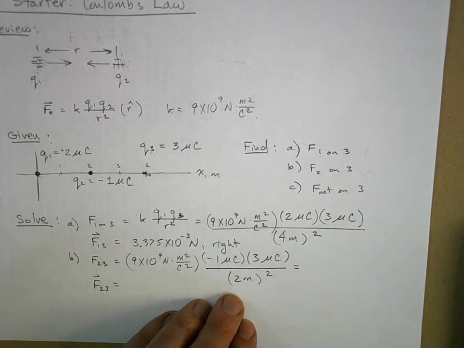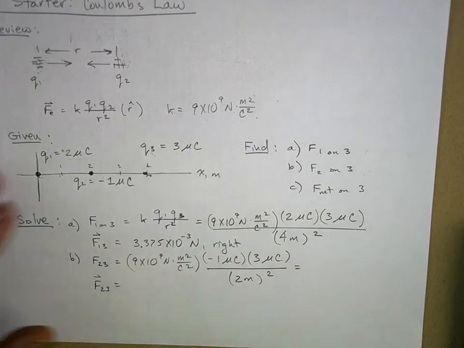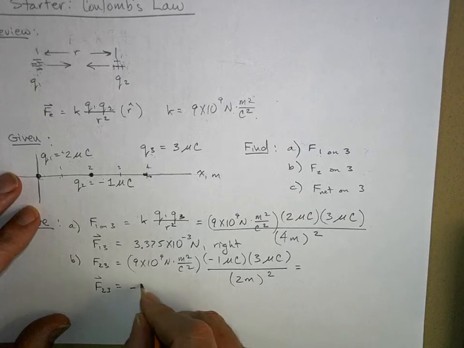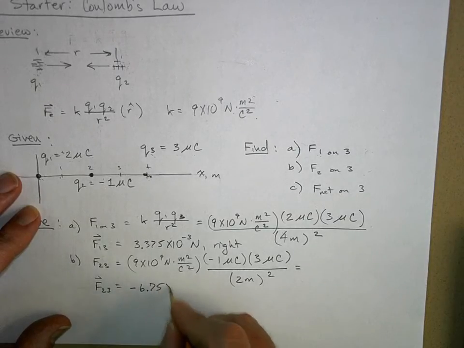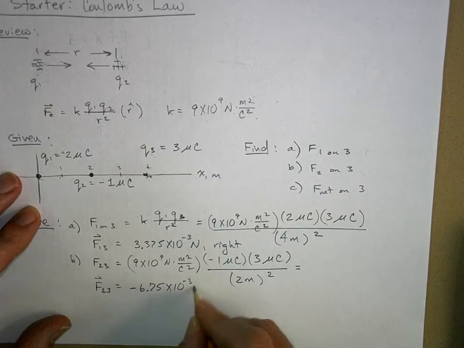Divide by 4. And I get negative 6.75 times 10 to the negative 3 newtons.